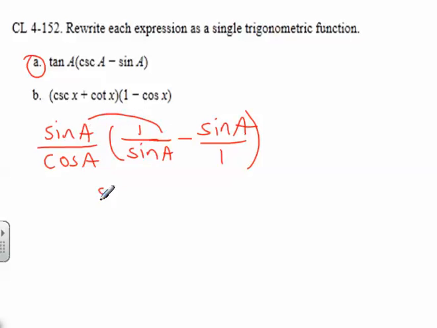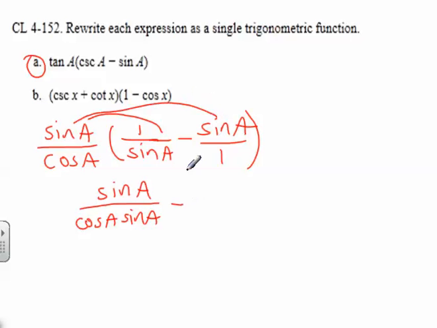I get sine of A on the numerator over cosine of A on the denominator. And then minus, I'm going to distribute here, I get sine squared of A over cosine of A.